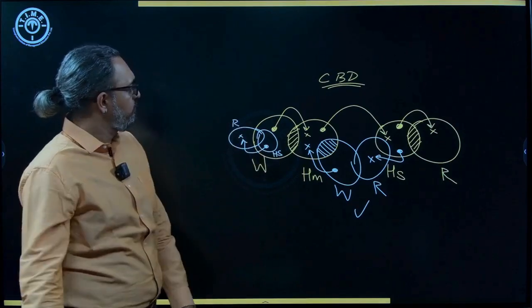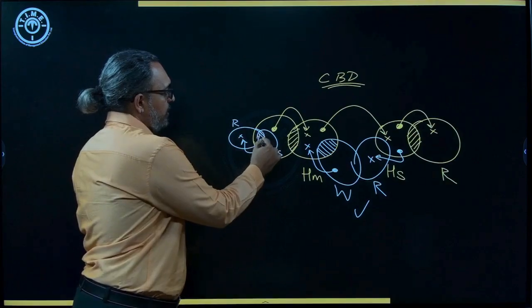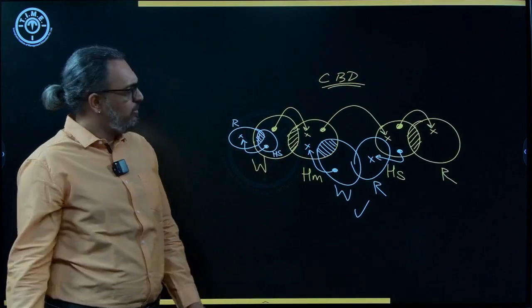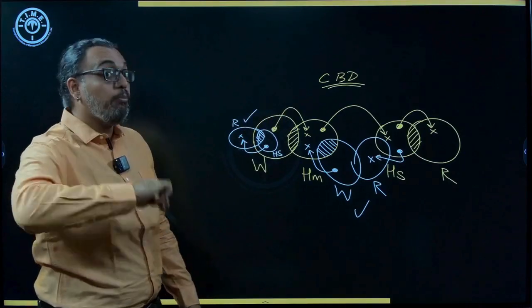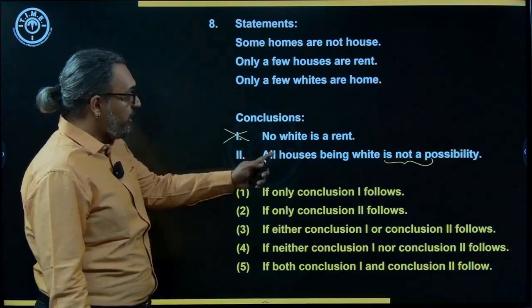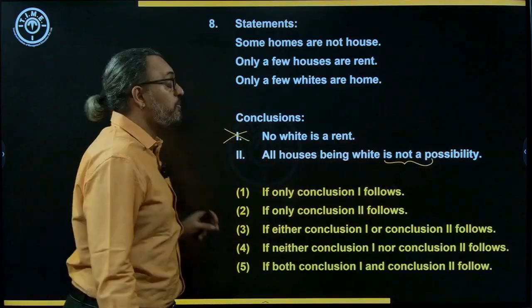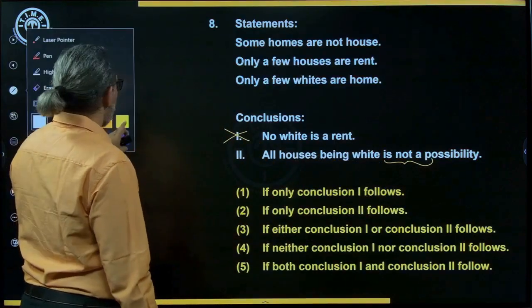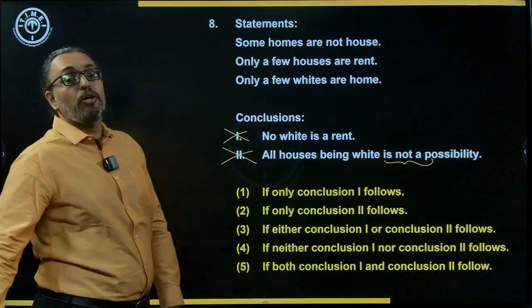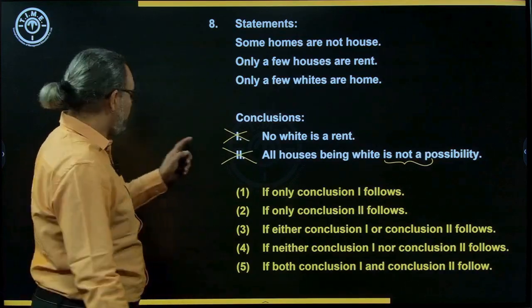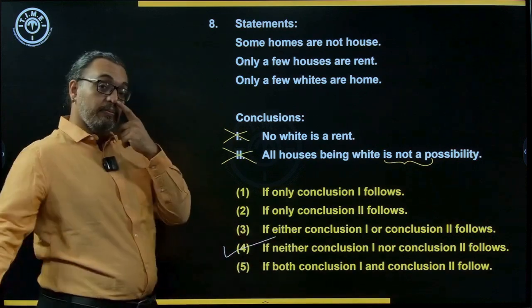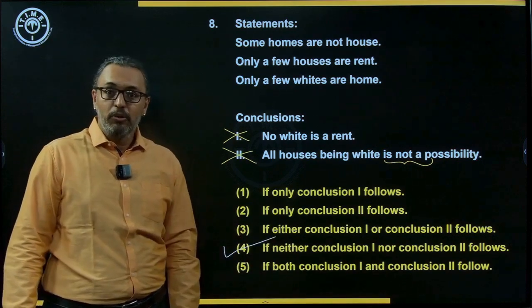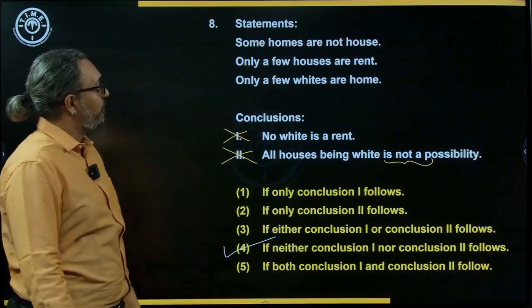No problem. It is still satisfying. Are you getting this? So it is definitely possible. But he says it is not a possibility. So I proved that it is possible, but because he says it is not a possibility, it does not follow. So neither one nor two follows. Fourth option. Understood the point? Okay? Yes.